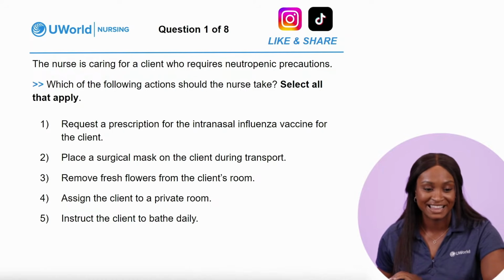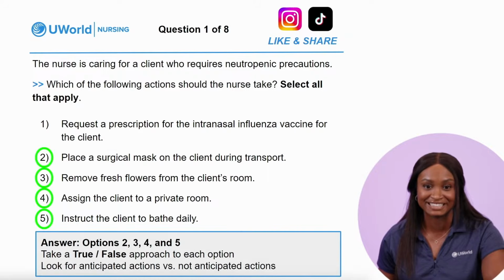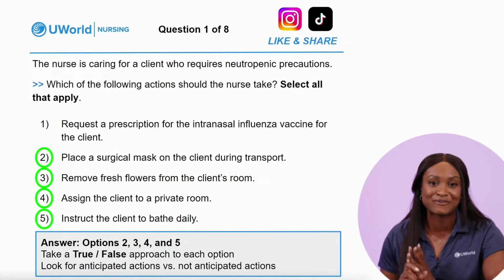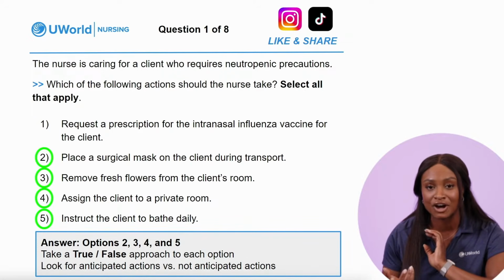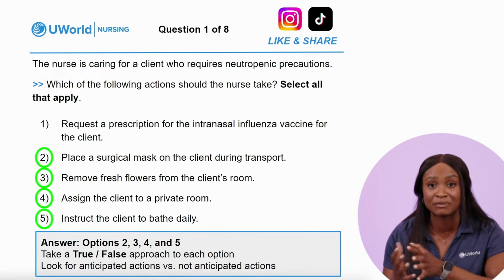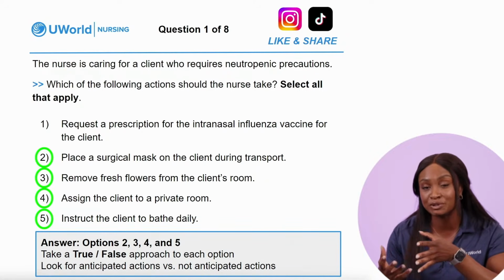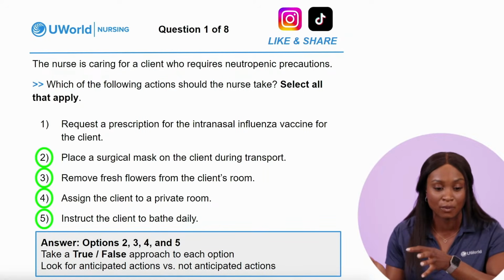So let's get to the answer for our first question. Pretty much all of them, except option 1. Options 2, 3, 4, and 5. So with this, we want to know what neutropenic precautions are. Neutropenic precautions are precautions that we give to patients that are experiencing neutropenia. And neutropenia is when their neutrophils, or the white blood cells, go below a certain level, usually 0.1.